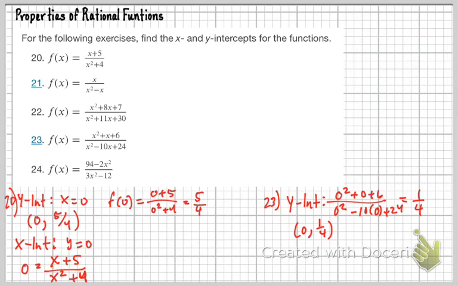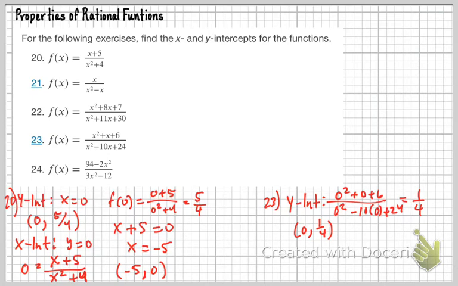So when dealing with these rational functions, as long as we don't have any simplification using algebra, we can simply set the top equal to 0. Then my x is going to be negative 5. So my x-intercept, and I'm just going to get one here, is (-5, 0). There's my x-intercept of number 20.